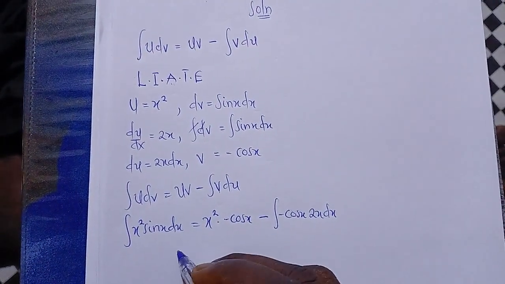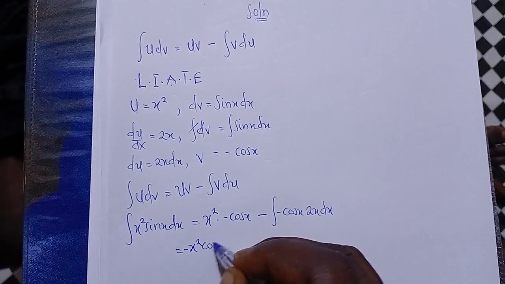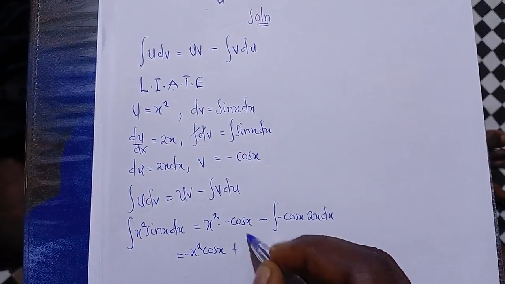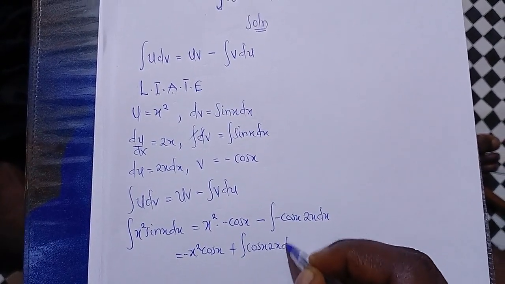So now I'm going to get negative x squared cos x plus the integral of cos x times 2x dx.